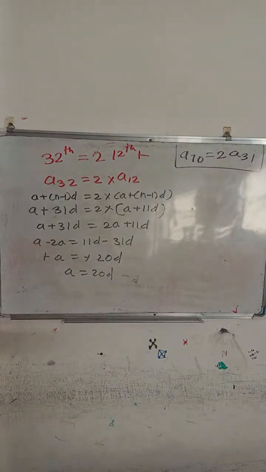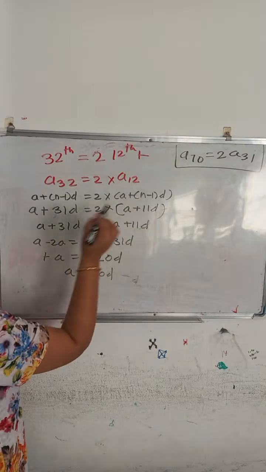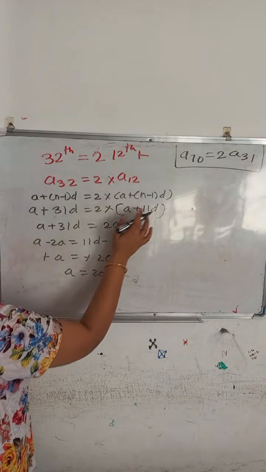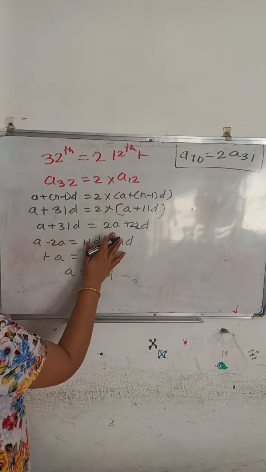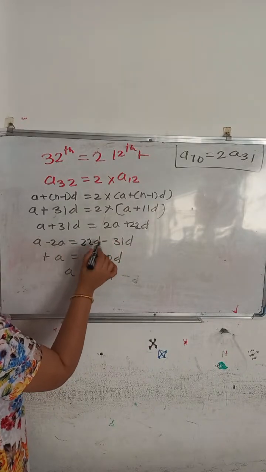Okay, wait, it's not correct. This is the 12th term, no? So I made a mistake here. 2 into 11 is 22. Here it will come 22.